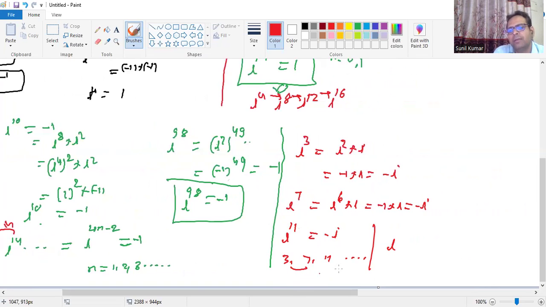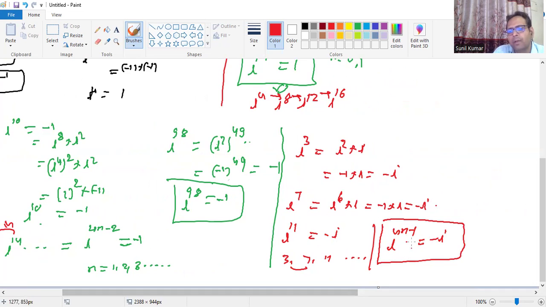So we can write 4n minus 1. If you put n as 1, we'll get i power 3, which is minus i. If you put 2 here, you will get 8 minus 1 is 7, and already we have minus i. If you put 3, you will get 11, and so on. This is a general formula to get minus i.